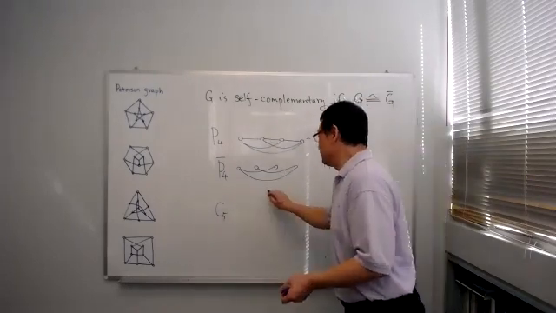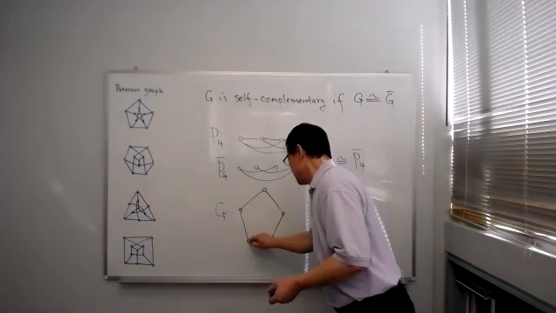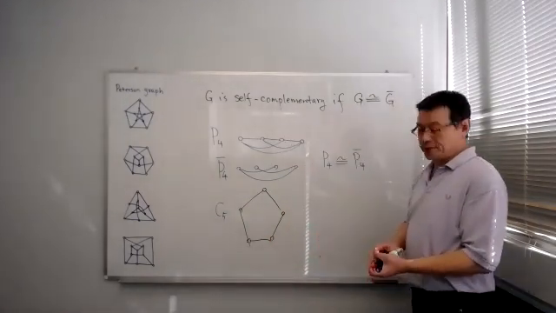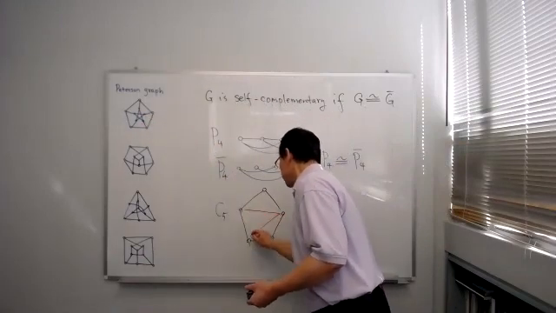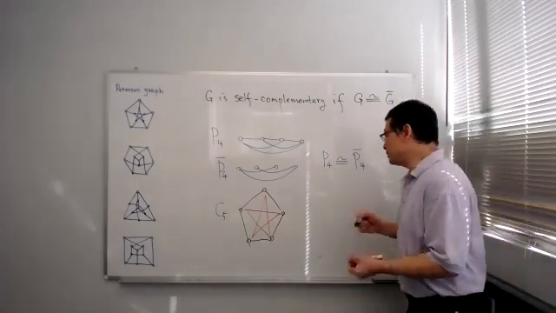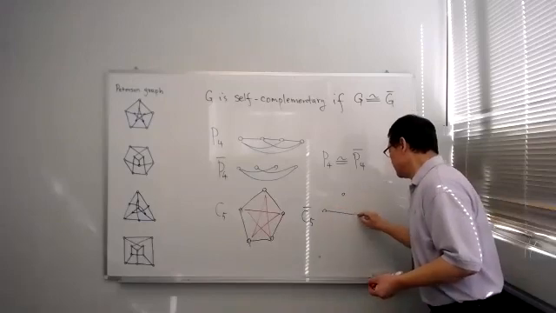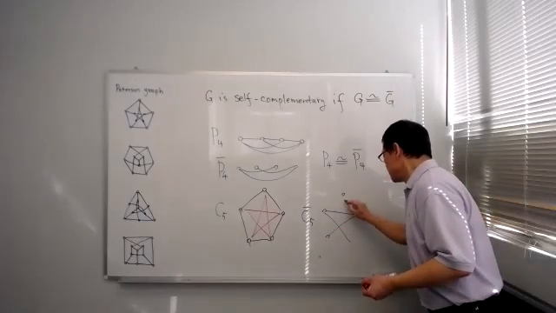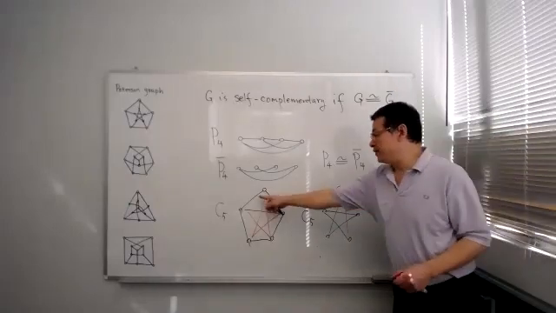Similarly for C5, right? I have the C5 cycle with 5 vertices. Now its complement is actually the middle part. If I take it out, this complement looks like this, which is isomorphic to C5.